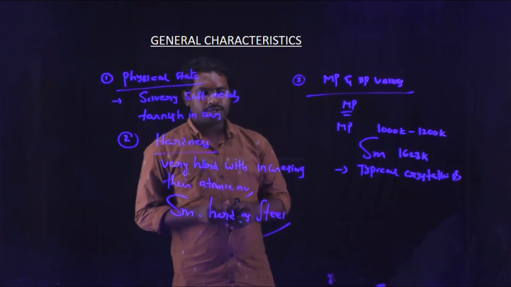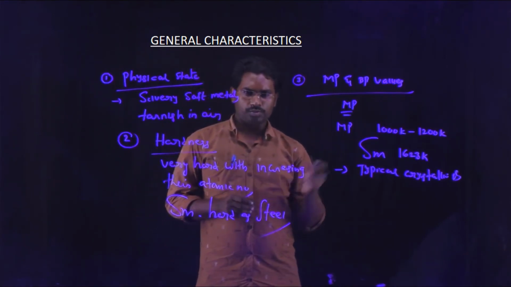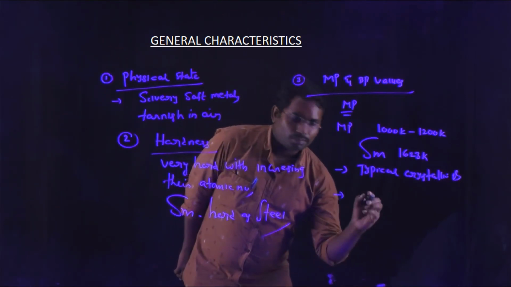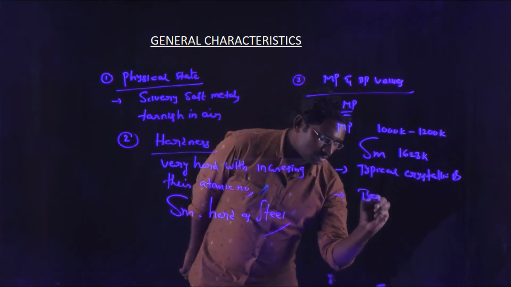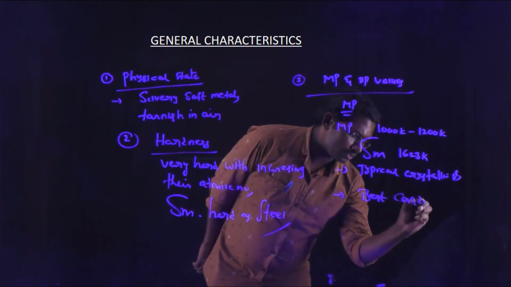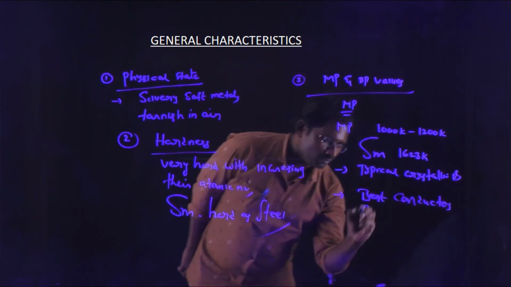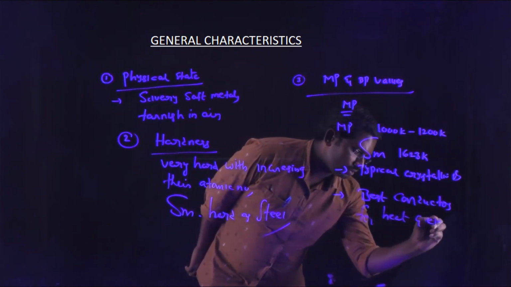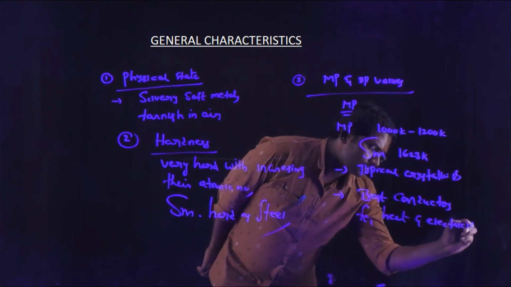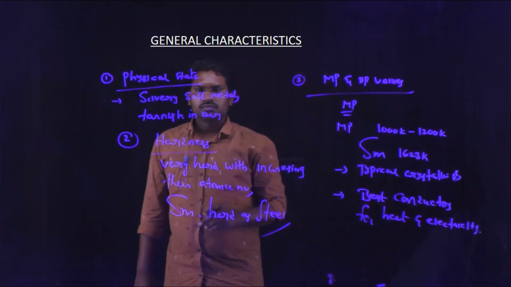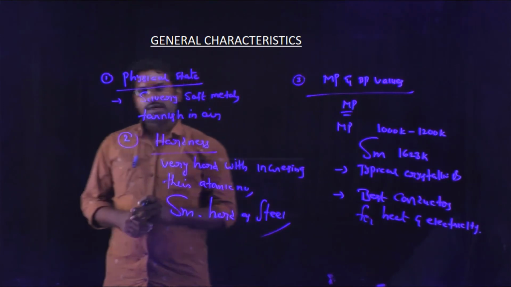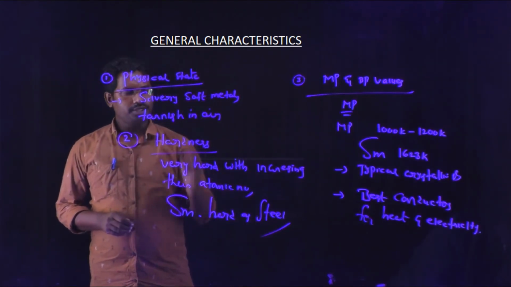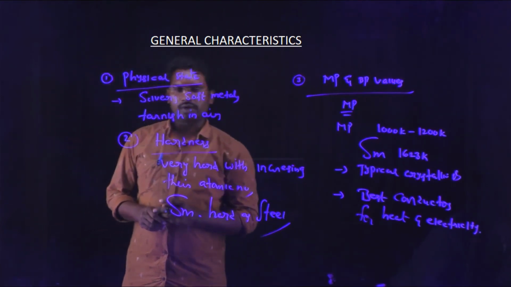Another important point is that due to the presence of metallic bonds, they act as the best conductors of heat and electricity. So these are some of the important general characteristics exhibited by lanthanide elements: physical state, hardness and melting point values.